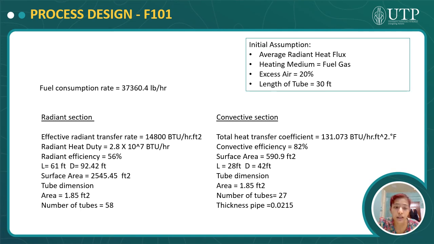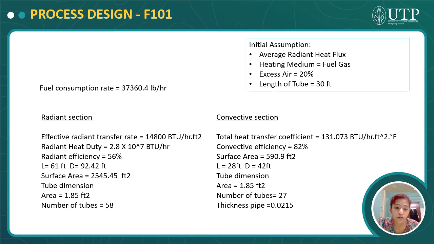For the radiant section, the effective radiant transfer rate is calculated and it equals 148,000 British thermal units per hour feet squared, and the radiant heat duty is calculated with an efficiency of 56%.